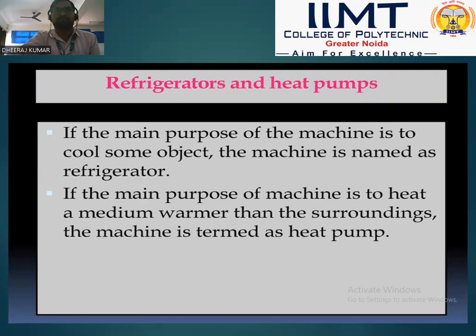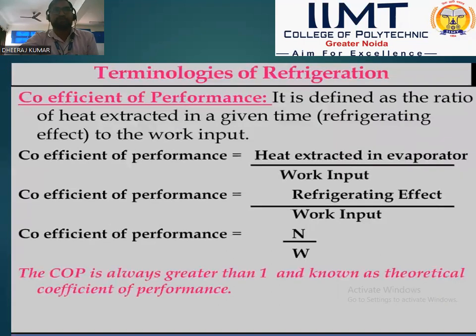A refrigerator maintains a lower temperature than that of the surroundings inside the cabin. A heat pump is a machine which produces a higher temperature than that of the surroundings inside the cabin.